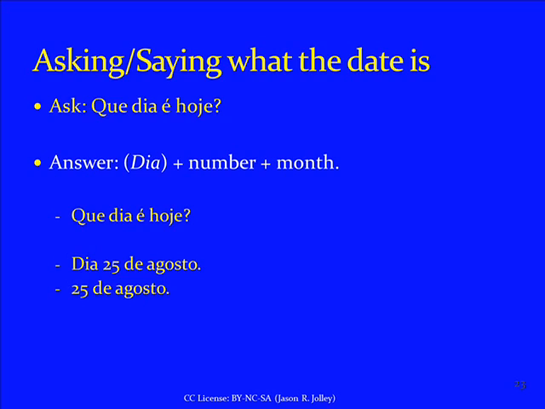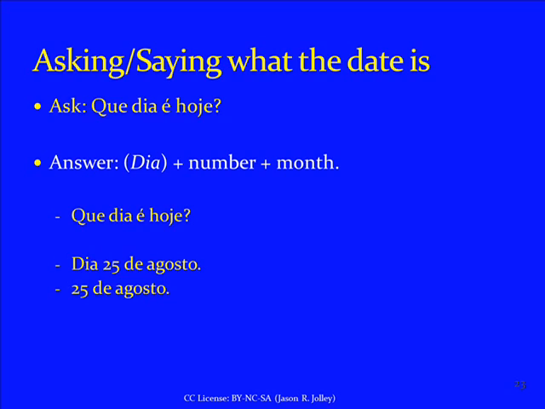I could also ask or use this form, que dia é hoje? Now, earlier in this presentation we saw a similar question which was, que dia da semana é hoje? So if I leave out that expression, da semana, most speakers of Brazilian Portuguese will assume I'm asking about the date of the month.